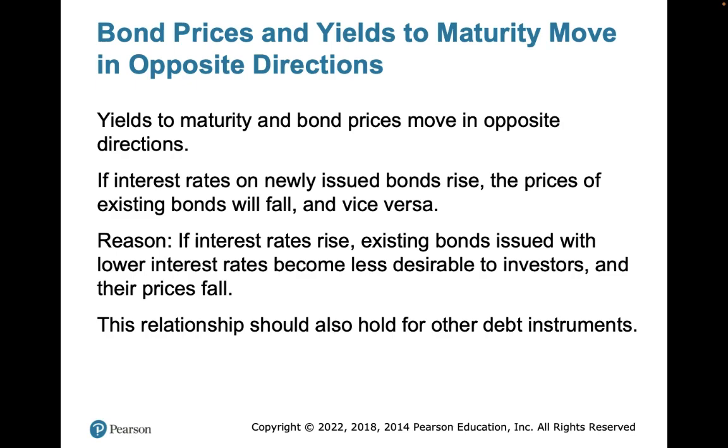Because if interest rates rise, existing bonds issued with lower interest rates become less desirable to investors, and their prices will definitely fall. This is the relationship, and this is why we say yield to maturity and bond prices move in opposite directions.